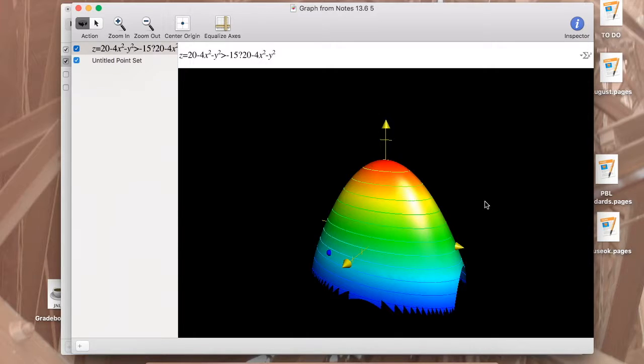In the center of the plate, it seems like the temperature is warmer. In fact, it's easy to figure out that at x equals 0, y equals 0, the temperature is 20. But the further you go away from the center (0, 0), the cooler the metal plate is.